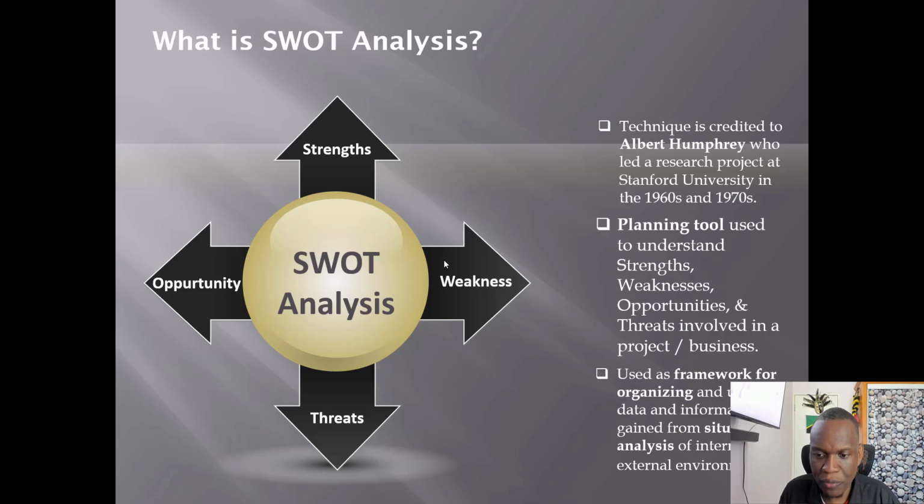It's used as a framework for organizing and using data and information gained from situation analysis of the internal and external environment. So this analysis can be utilized for looking at what's happening within your organization and what's happening in the industry or the economy as a whole around your organization. So it is very, very versatile. It's like a switchblade knife for your business.